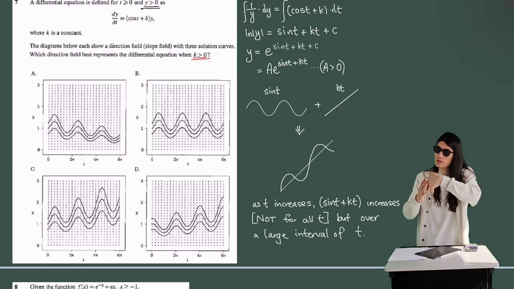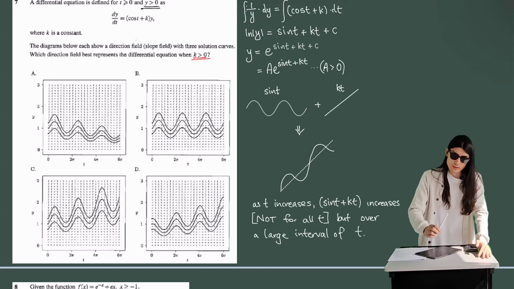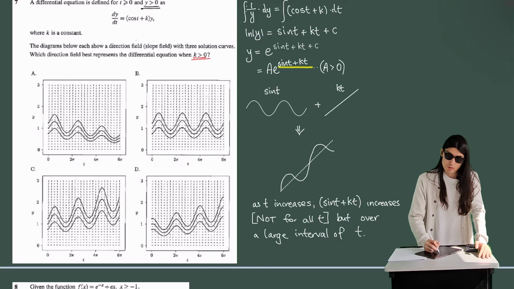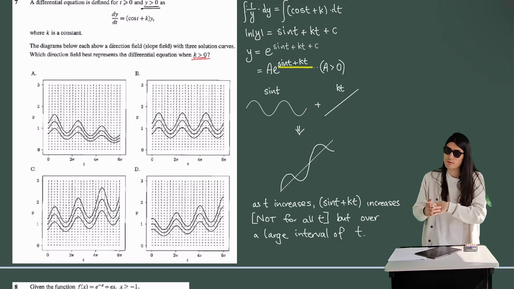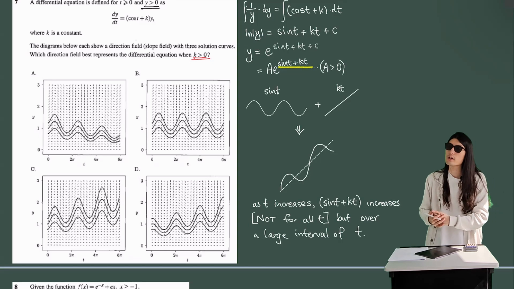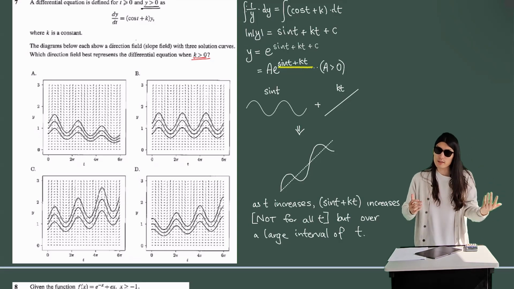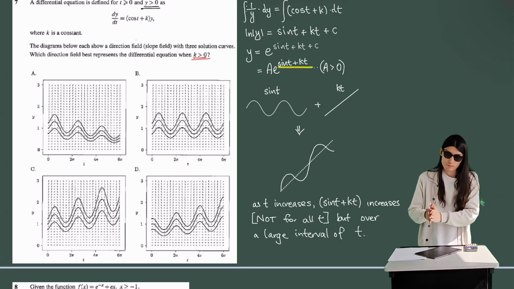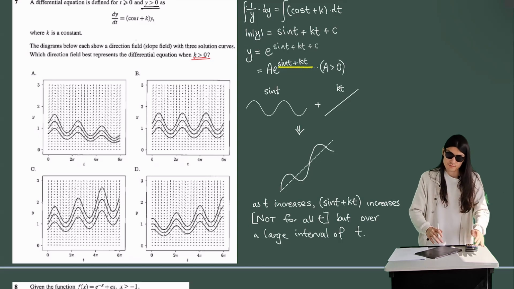So over a large interval of t, for my solution curve, the power should have increased. Now, of course, if the power should have increased for an exponential function, then the y value itself should also have increased over a large enough interval of t.